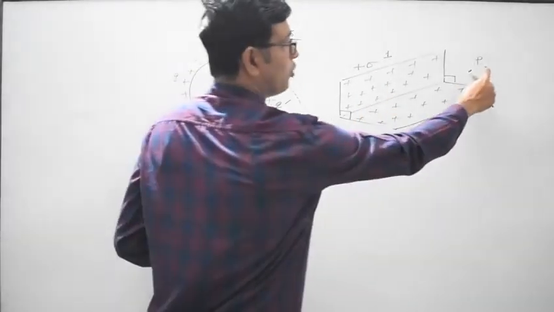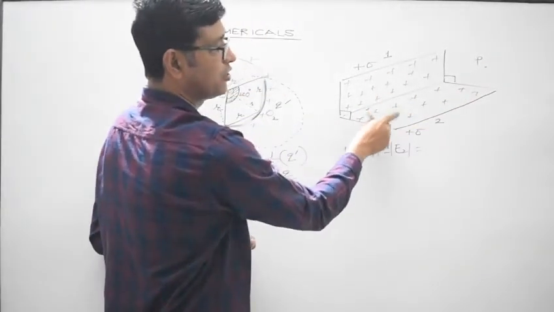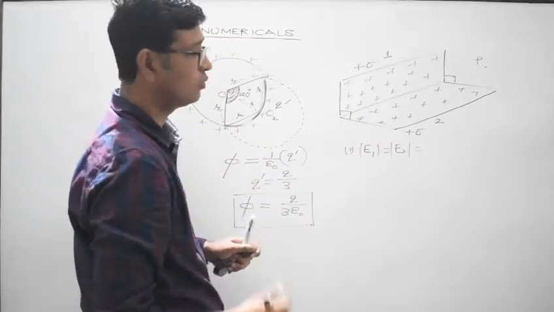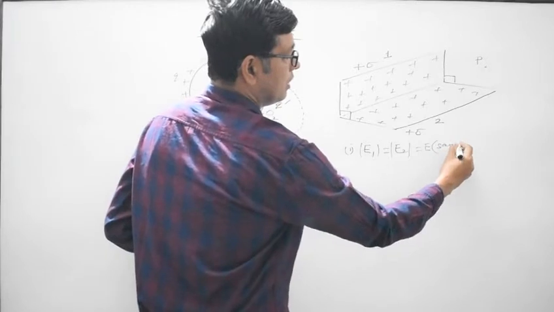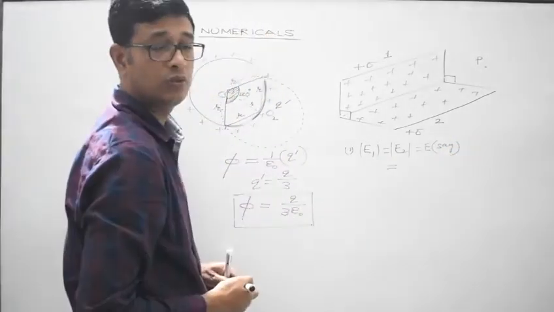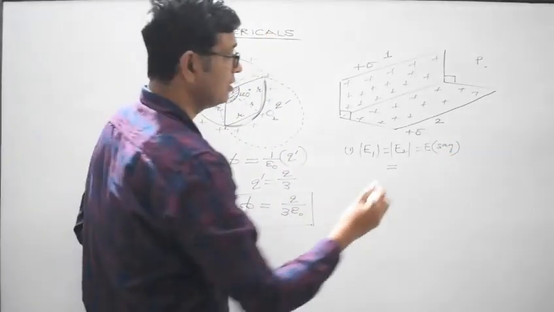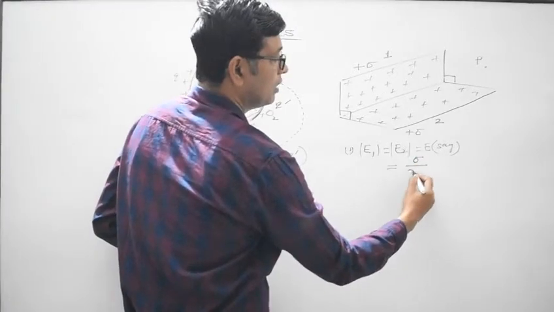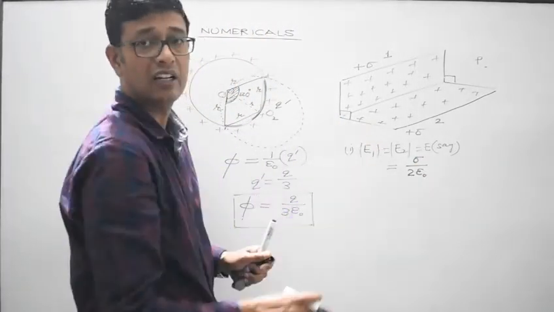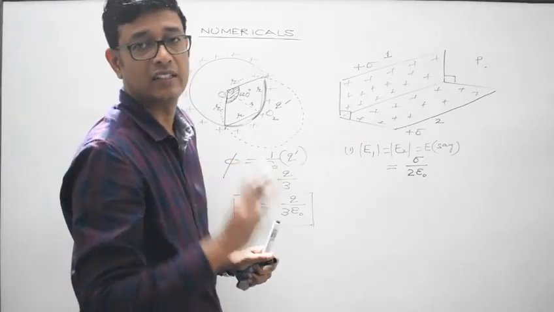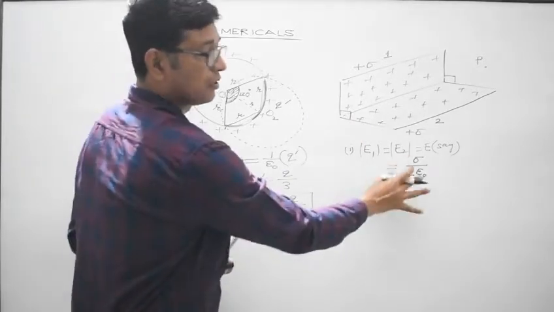So the electric field at point P, due to these two plane sheets having negligible thickness, are also equal, each being equal to E, say. And it will be equal to, what's the formula? It is sigma by 2 epsilon. I've told you these sheets have negligible thickness, right? So this is the formula, right?